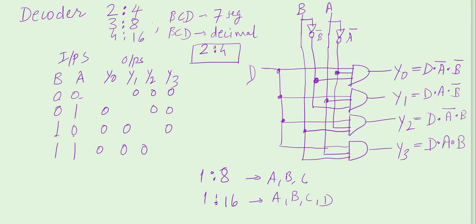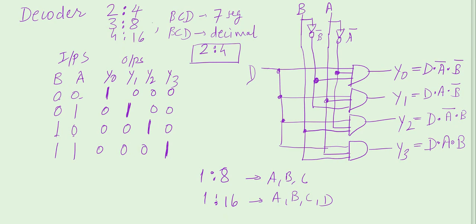When input is 0, 0, only Y0 is 1, all others are 0. When input is 0, 1, only Y1 is 1, all others are 0. 1, 0, Y2 is 1, and 1, 1, Y3 is 1, because data is not there. So one of the 4 outputs is selected by the input signal. Input signal is in the form of a code, and the code is decoded here.